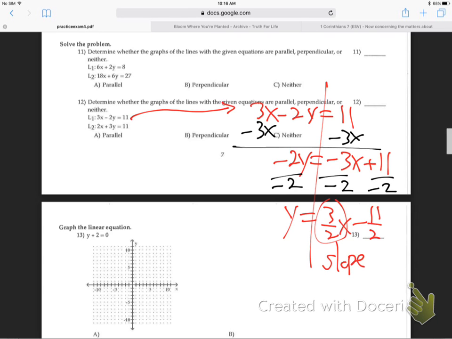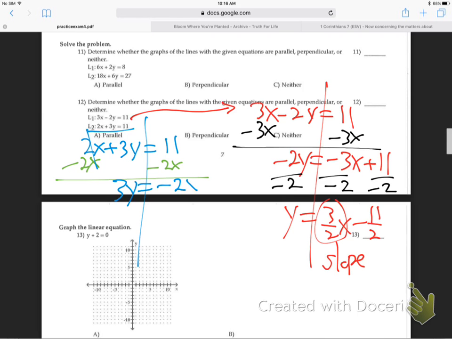Let's do the other one. 2x plus 3y is 11. First step to get y alone is subtract 2x. Then we get 3y is minus 2x plus 11. Last step, divide by 3.